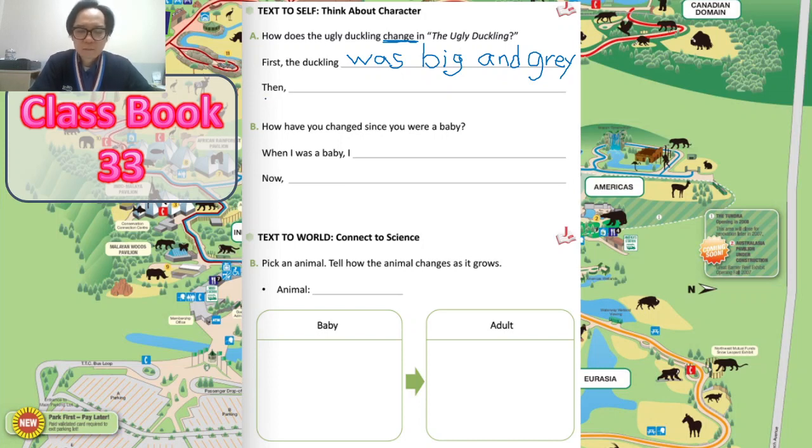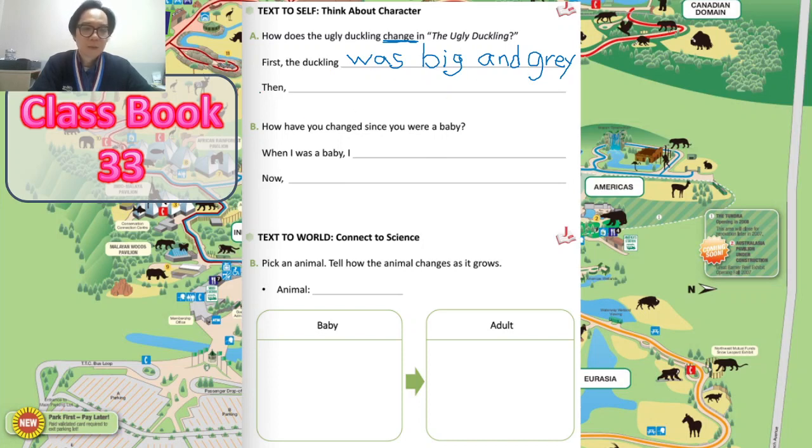Then. So what will we say here? We need to tell about how he changed, right? So will we say that he changed his name or he changed the way he moves? No, we were talking about how he looks here. So we need to tell about how he looks now. So, first the duckling was big and gray.